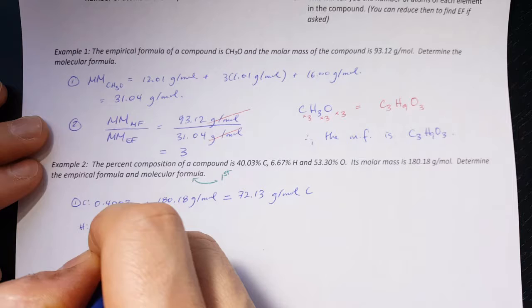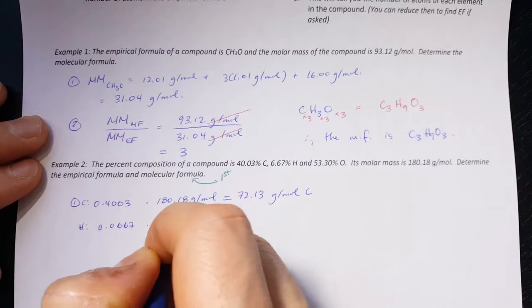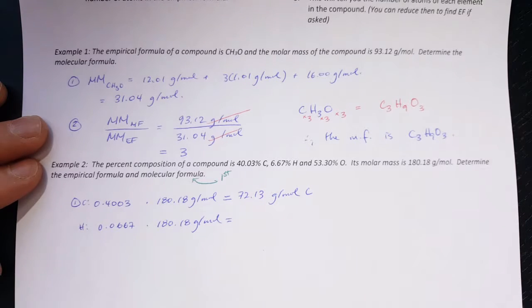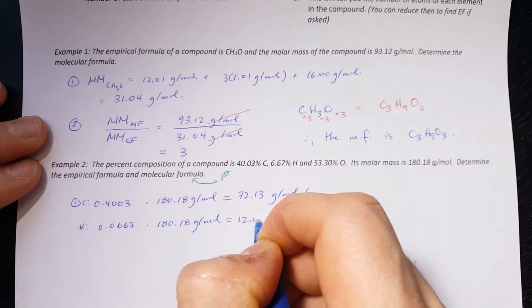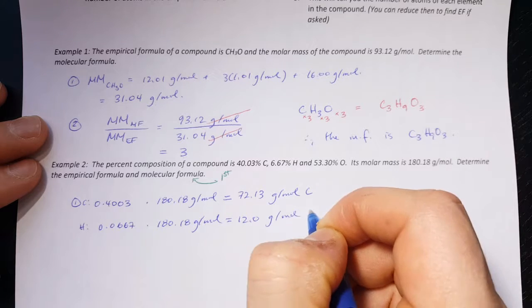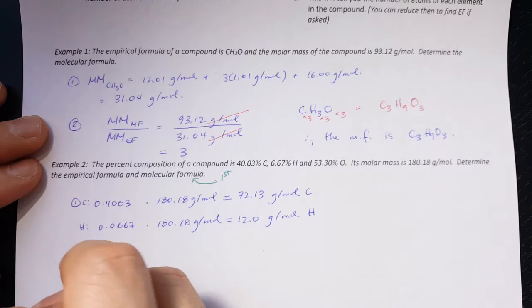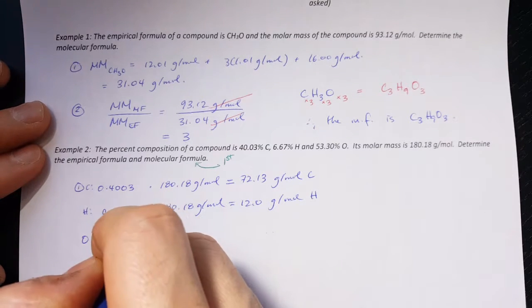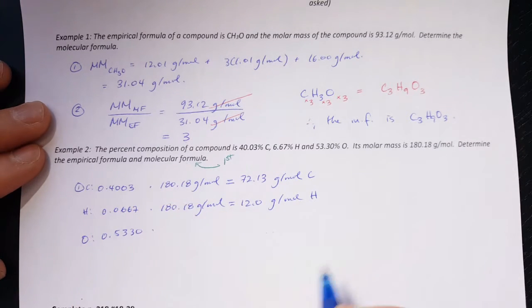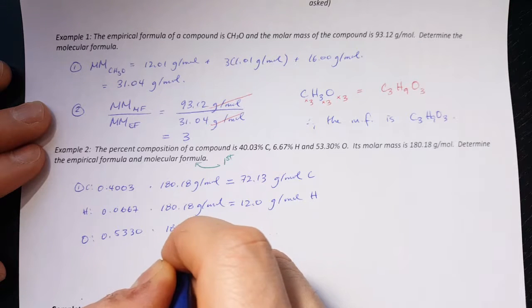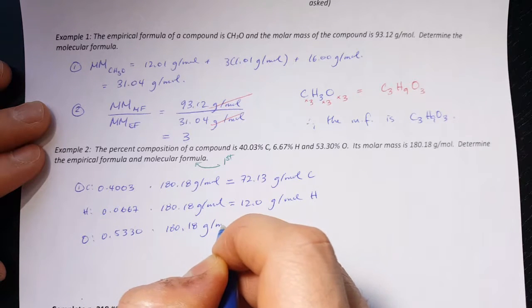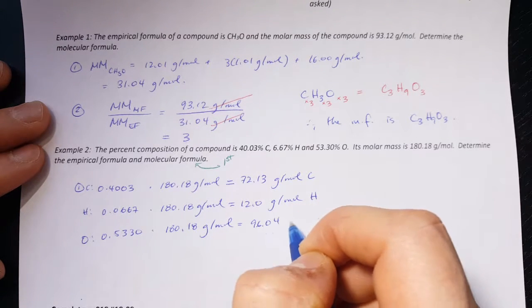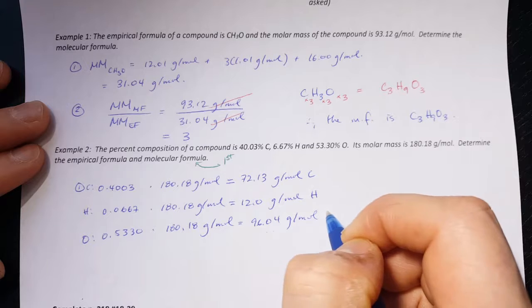Hydrogen only made up 0.0667, and so I'll get 12.0 grams per mole of hydrogen. And then oxygen is 53.3%, and so 96.04 grams per mole of oxygen.